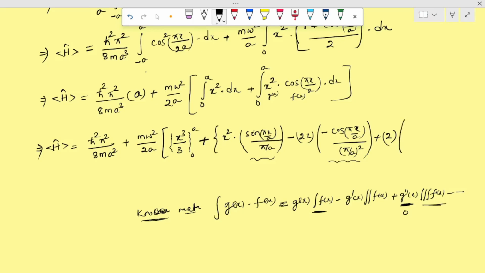If we consider the triple integration, it will be minus sine pi x by a by (pi by a) whole cube. Okay, then the g triple dash x value will be 0 and other terms will be 0, no need to write. So here the limit will be 0 to a. We have to substitute 0 to a.